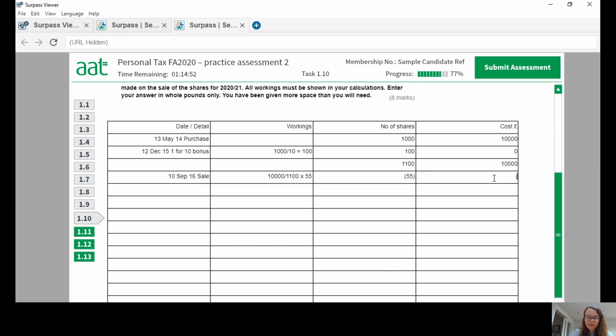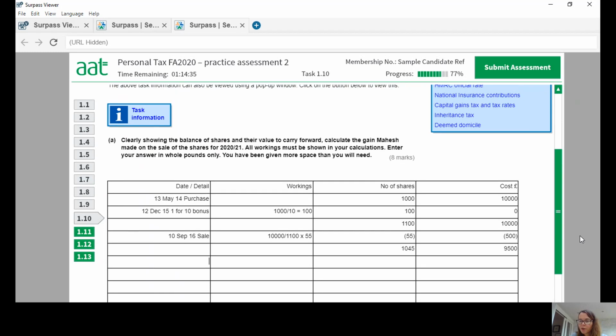Oh, nice round number, 500. Don't forget to do your running total, your subtotal. Remember, this is not a question about getting to the right final answer. It is Human Mart, and they are expecting to see all of these steps shown.